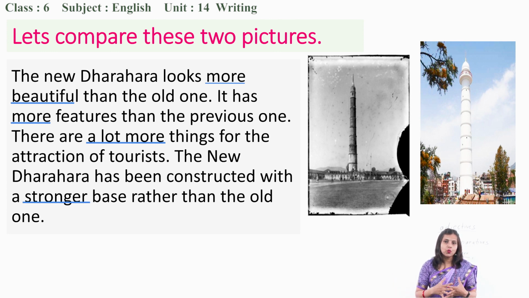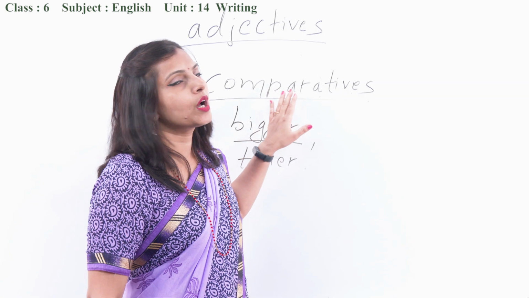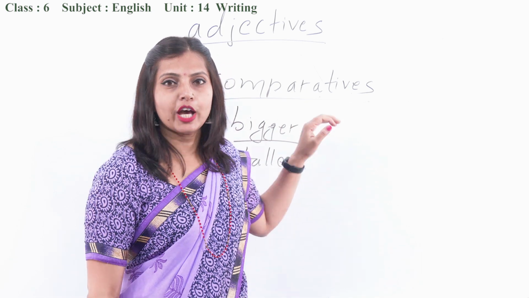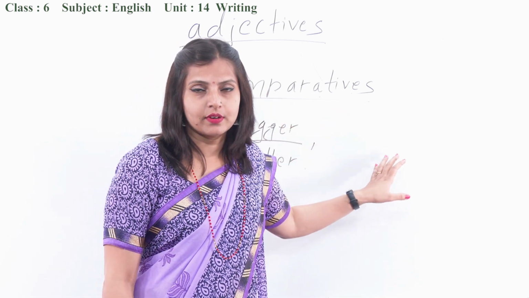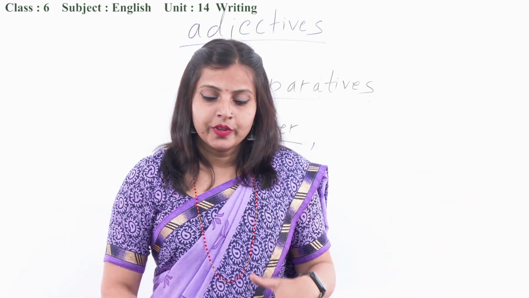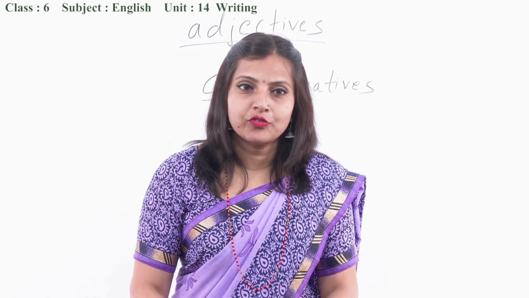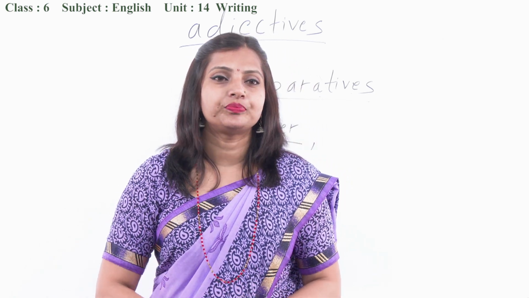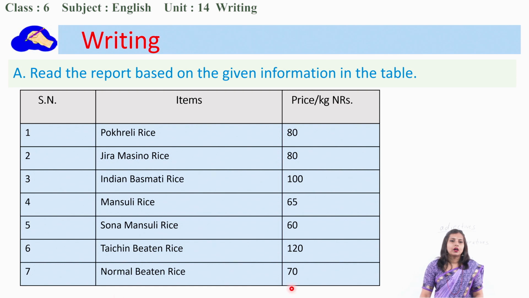The new one is stronger than the old one. So when you have to compare things, what do we have to use? Comparatives. Okay, we have to use comparatives. All right, now let's move to the task given in the book. See there. Read the report based on the given information in the table. There is a table.